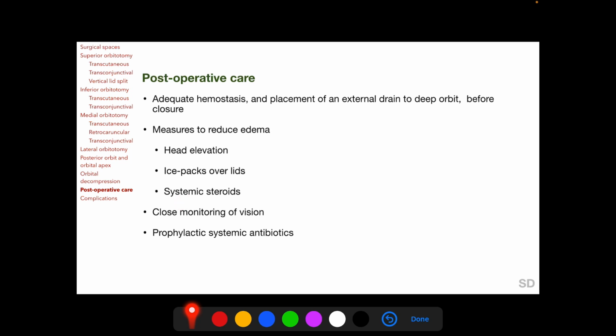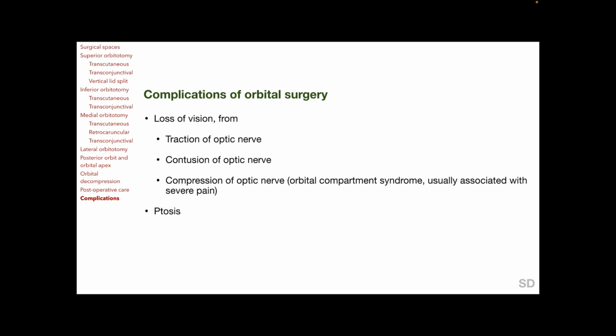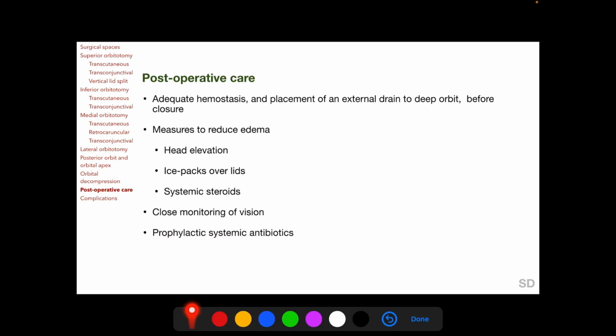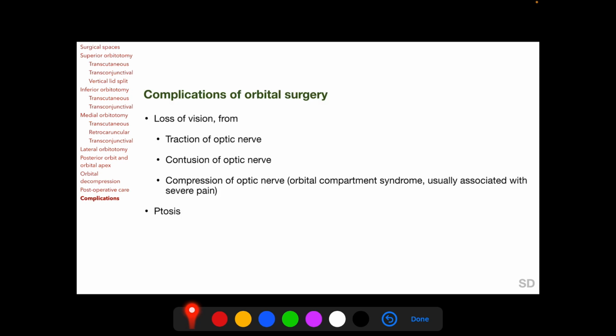And what is very important is close monitoring of vision, because there are chances of orbital compartment syndrome occurring due to hemorrhage after orbital surgery, which needs prompt intervention to save vision. We have discussed orbital compartment syndrome and its management in the previous session on orbital trauma. And prophylactic systemic antibiotics are often given.